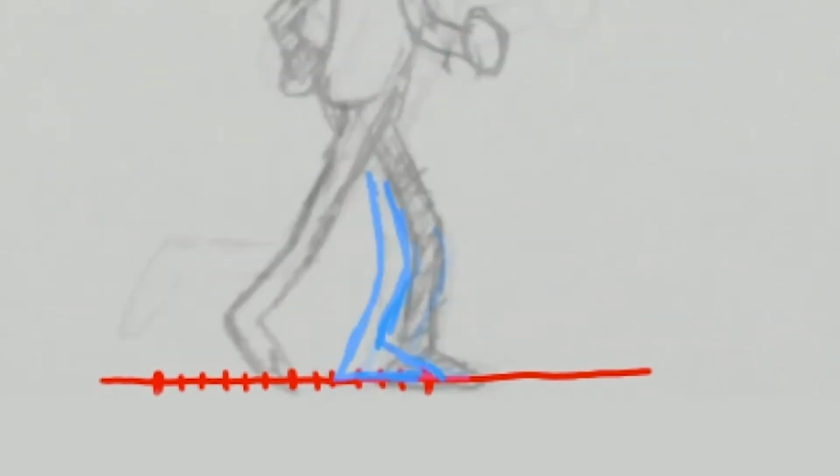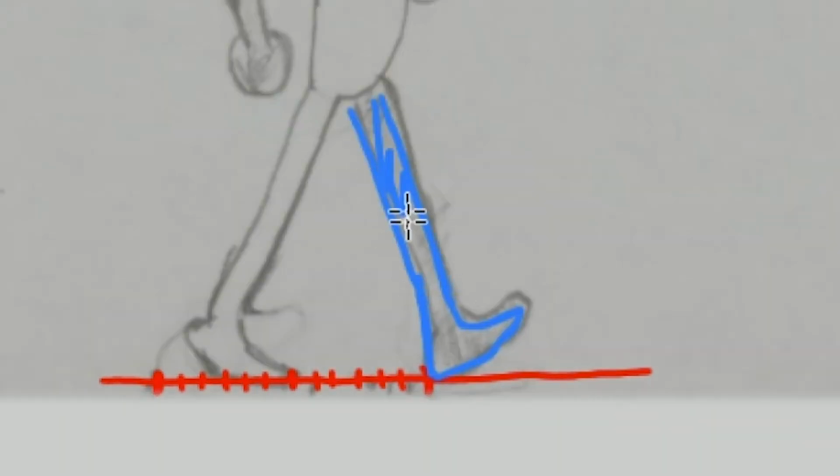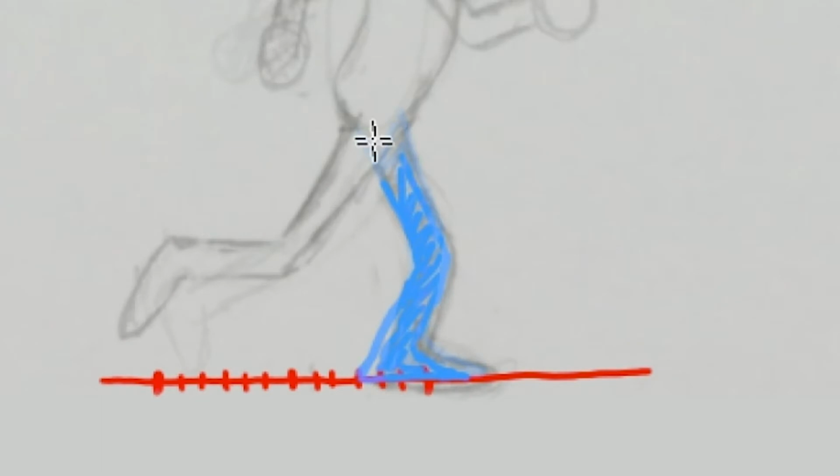And here we are at the passing pose, right? Getting the foot locked into the ground and sliding back every single frame at the same rate is going to make a big difference in whether or not you can keep your limb length consistent. Because if the foot is in the wrong place, you're going to have to start stretching out the length of the limb in order to actually connect it properly to the body.